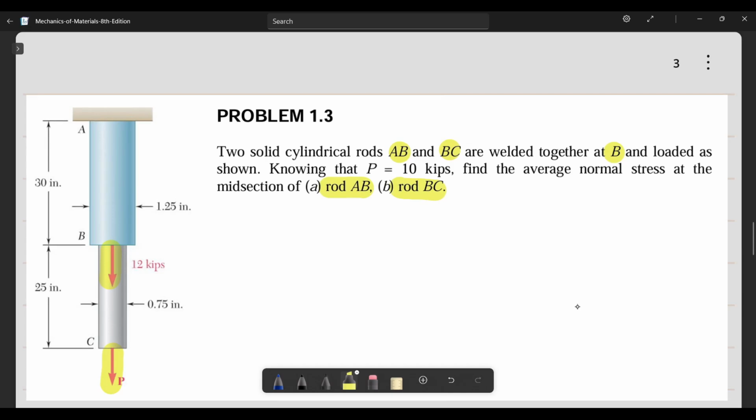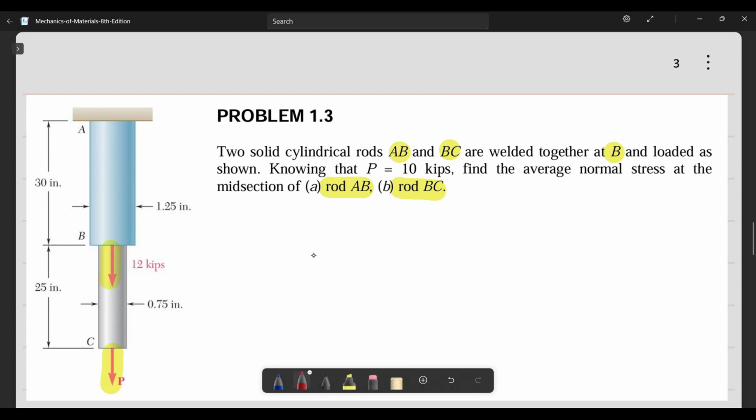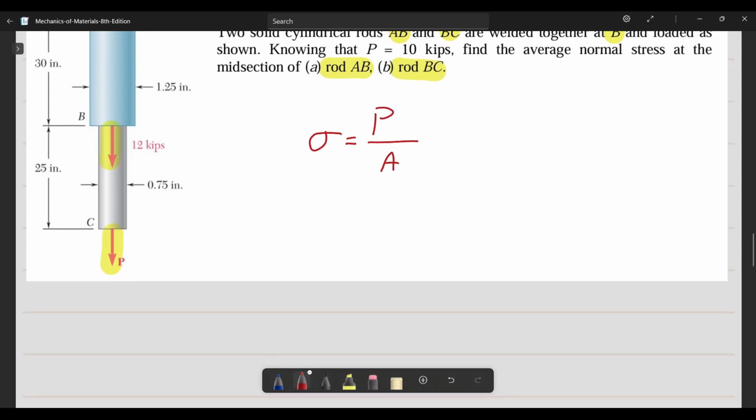I want to emphasize again that this is the most important formula in mechanics of materials. If you remember, stress is equal to load divided by area under consideration. The problem statement provides the load: one load of 10 kips and another of 12 kips are applied to member AB.